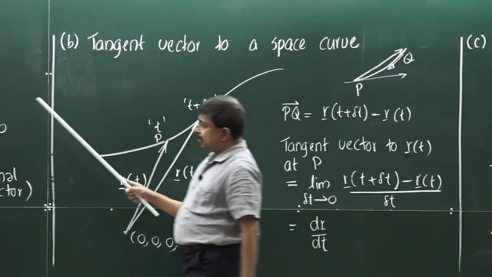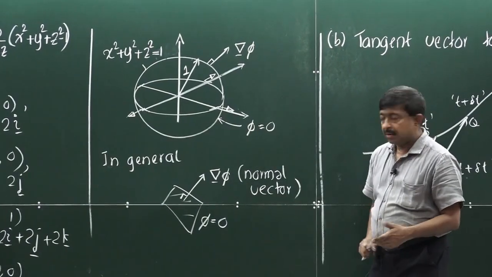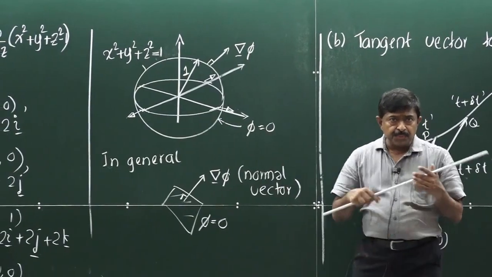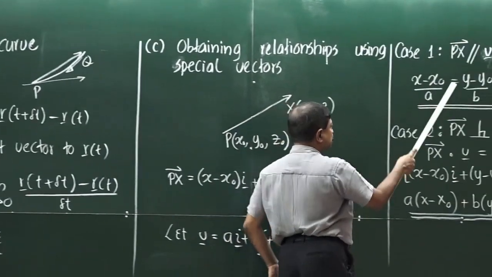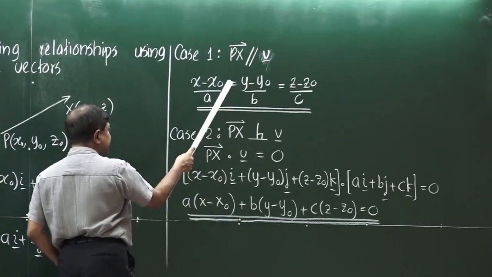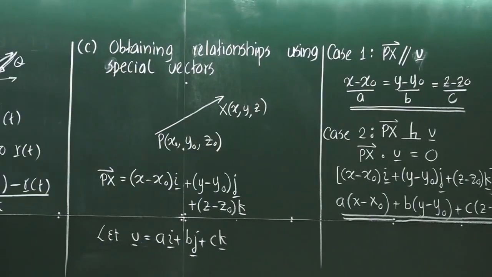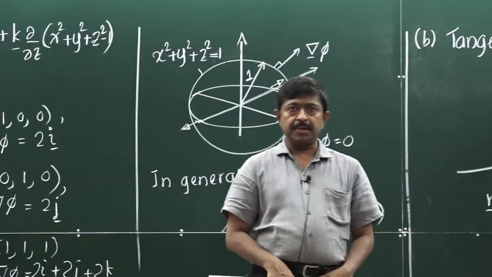Pertaining to a surface, that vector V is what? This unique direction, which is the normal vector. Once you have that, you decide what you need to find, and accordingly you will find it either in this way or this way. Now, after this we will take up some examples. Thank you.